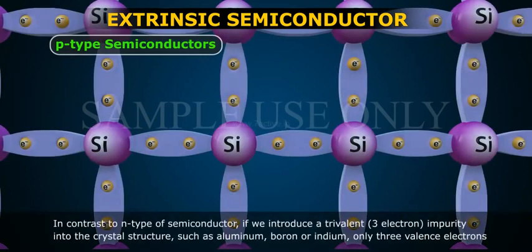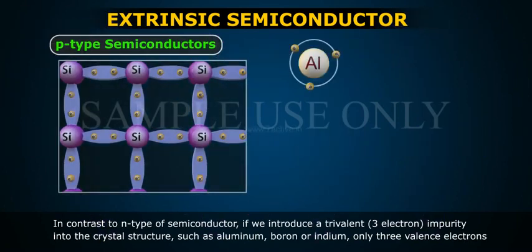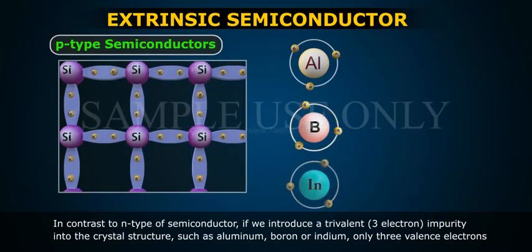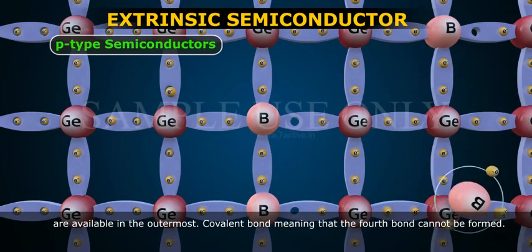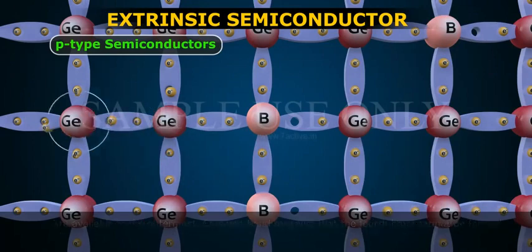P-type semiconductors. In contrast to N-type semiconductors, if we introduce a trivalent 3-electron impurity into the crystal structure, such as aluminium, boron, or indium, only 3 valence electrons are available in the outermost covalent bond, meaning that the 4th bond cannot be formed.